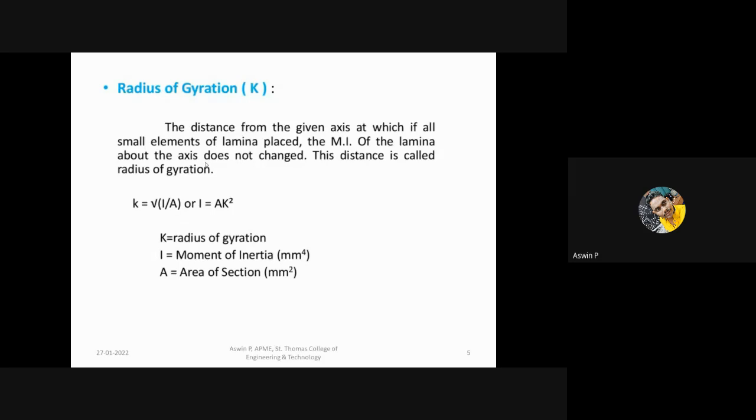You need to study the equation of moment of inertia, that is I is equal to A into K square, where K is the radius of gyration, I is the moment of inertia, and A is the area of section.